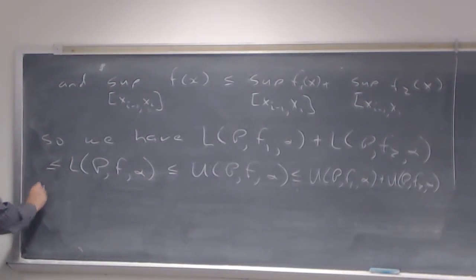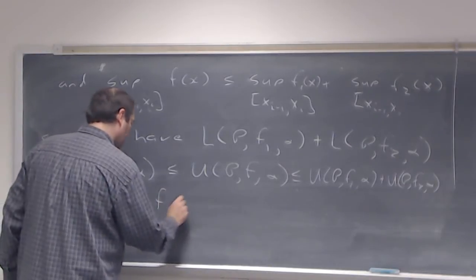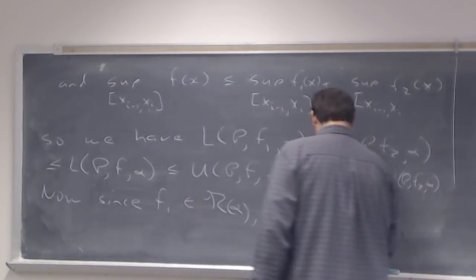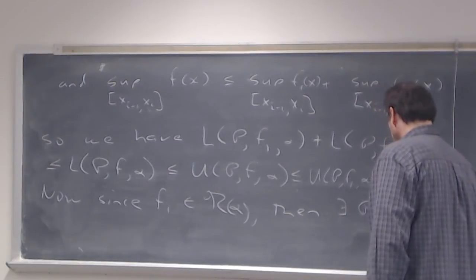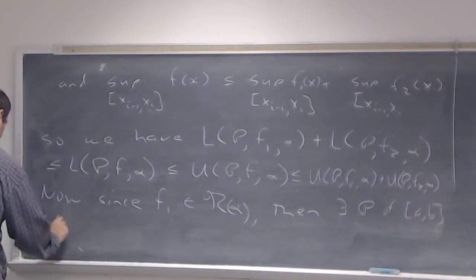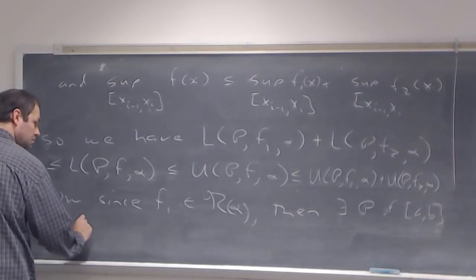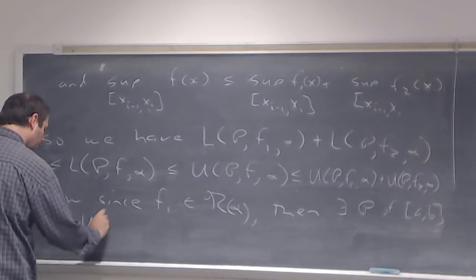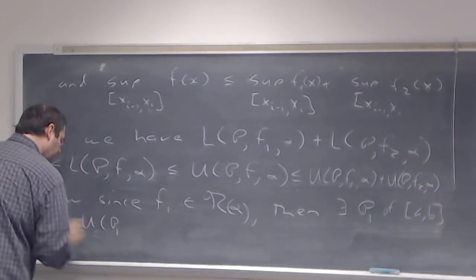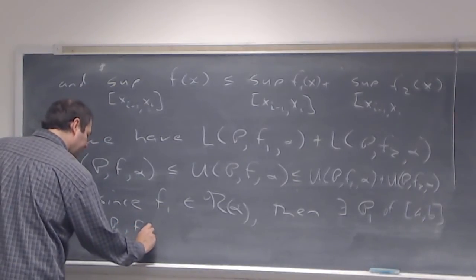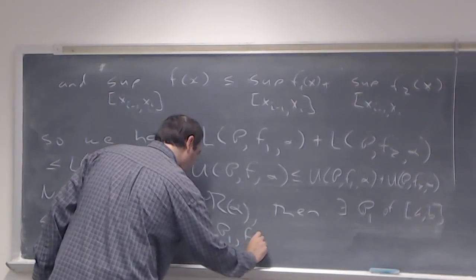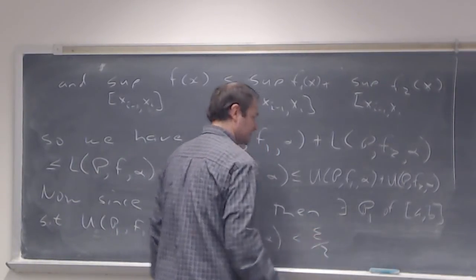Now, since f_1 is a Riemann-Stieltjes integrable function, then by that important fact, there exists a partition of [a, b], let's give it a special denotation, let's call it P_1, such that the upper sum with this partition of f_1 and alpha minus the lower sum with this partition of f_1 and alpha is going to be less than epsilon over 2, that's the positive number I'm going to take.